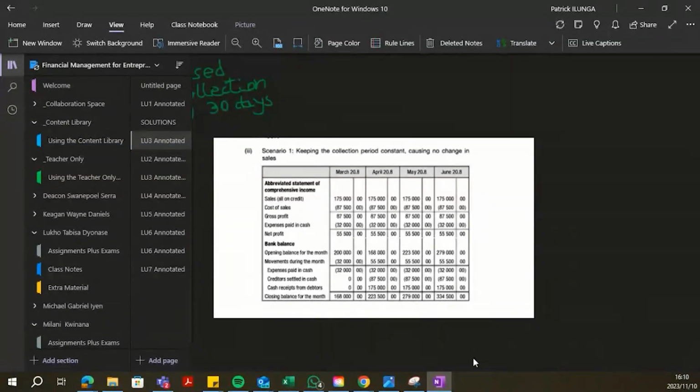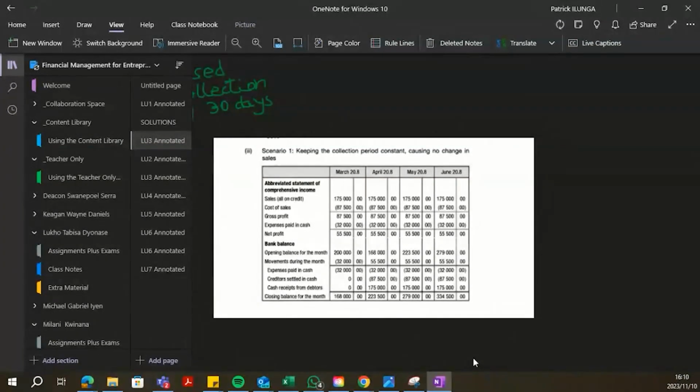Because remember, profit is equal to income minus expenses. If you are minimizing the expenses, it's a good thing because it can increase your profit. There is only two ways: you increase your income or you decrease your expenses.